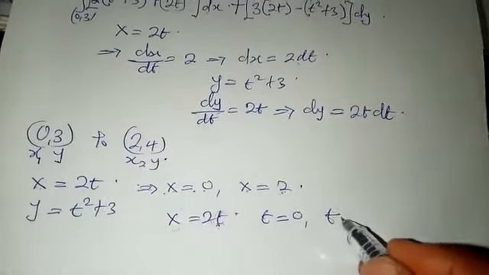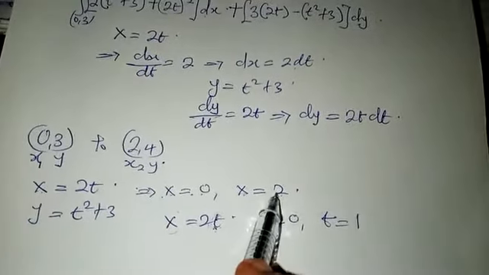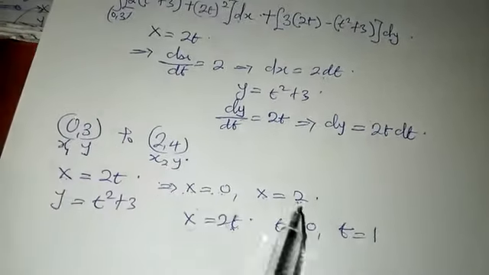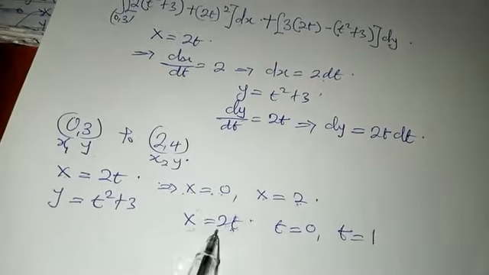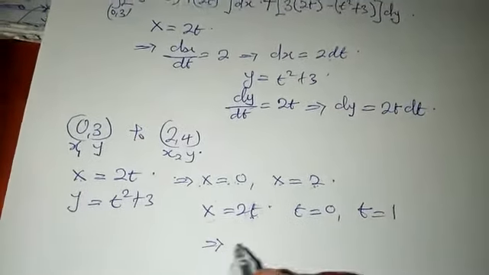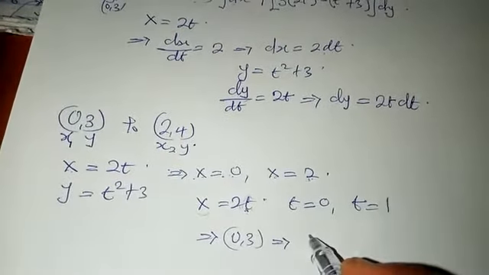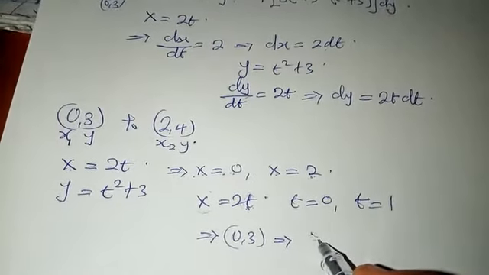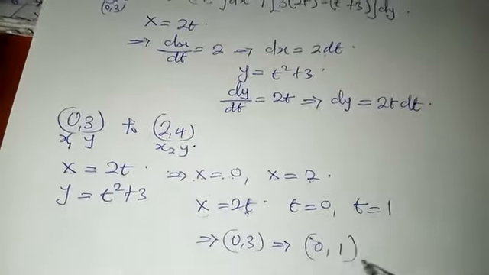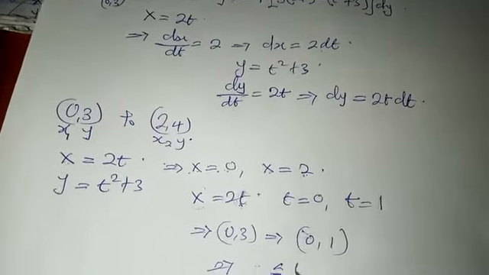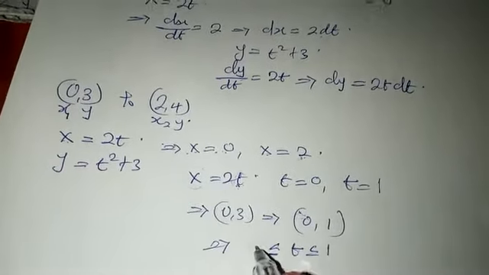Then, if t is 1, what will be x? x will be 2. This implies that instead of having 0, 3, I'm going to have 0 and 1, which means that t is going to be greater than 0 and less than 1.